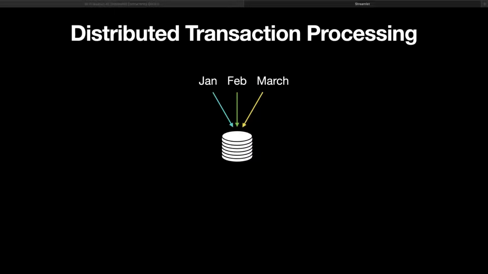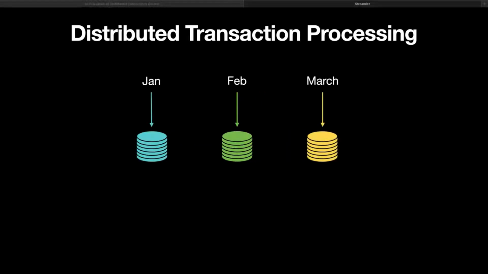and the CPU. So the most natural way to increase your throughput or performance is to scale out. As you scale out, what you can do is partition the data. There could be one partition on a node which just has records for the month of January, the other partition could have Feb, and the third partition could have March, and the transactions can just access that partition.